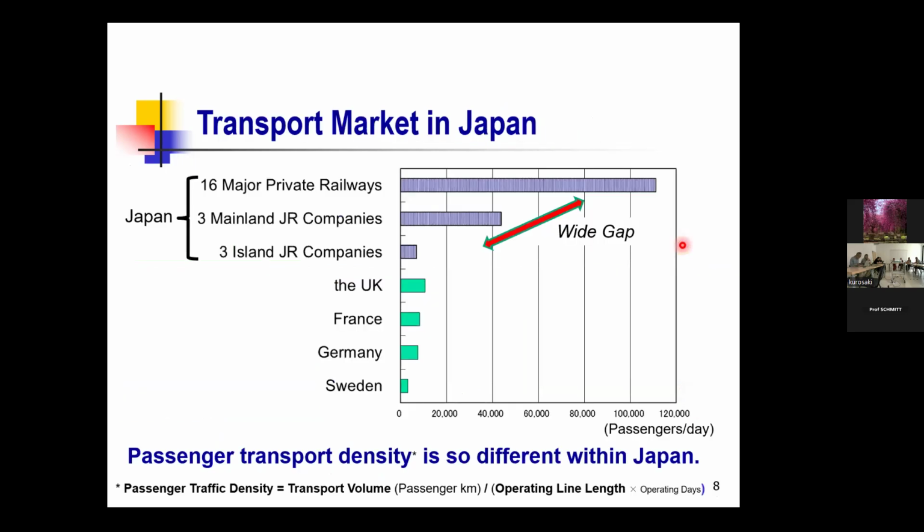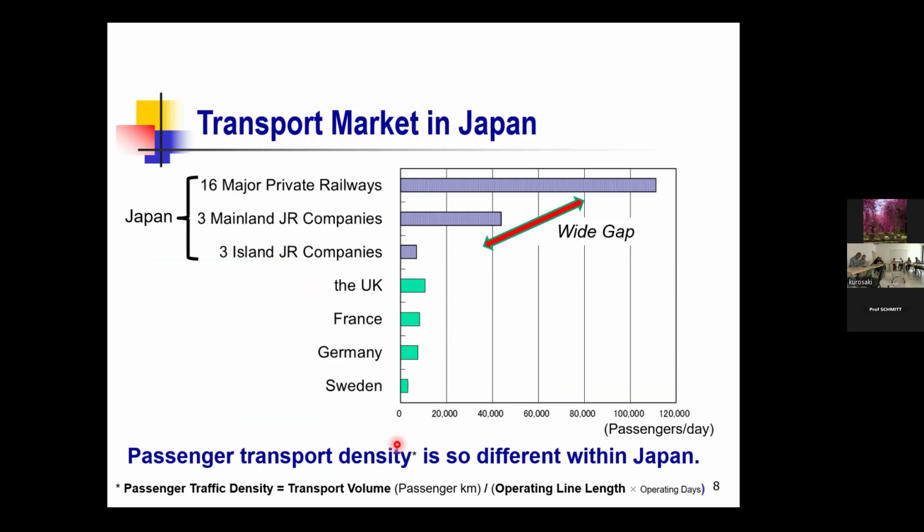This slide shows the railway transport market in Japan in comparison with European railways. The graph shows passenger traffic density, that is the average number of passengers per kilometer per day.